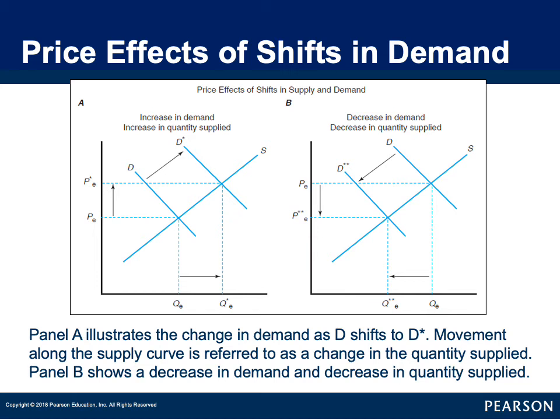And if demand shifts inward, there is less of a consumer demand. There's also going to be a change in quantity supplied. So when you see a shift in demand, there's also a change in quantity supplied. And when you see a shift or a movement in supply, there is a change in quantity demanded.